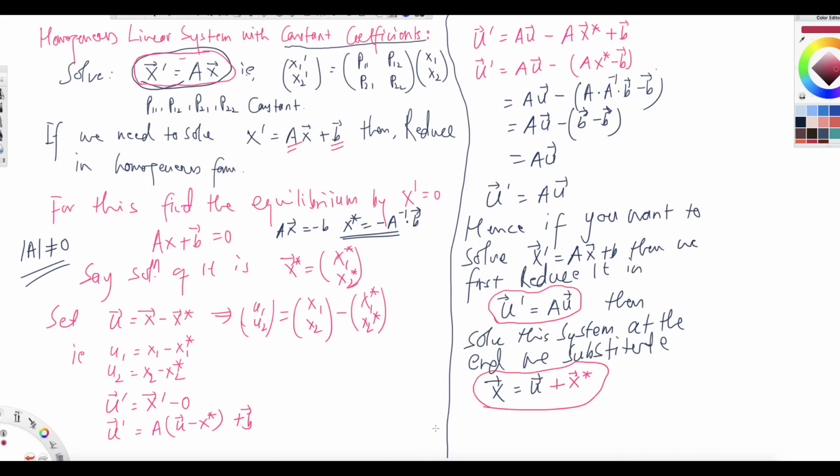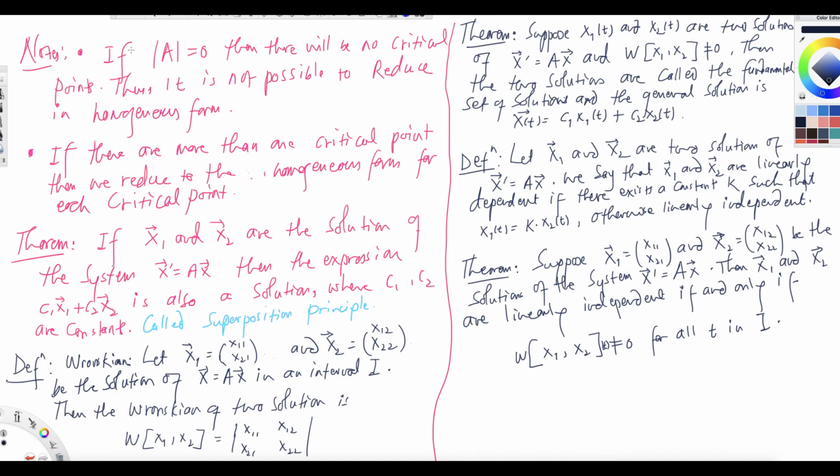Okay, so let me write down a couple of notes here. If the determinant of matrix A is 0, then there will be no critical points, right? Because when we solve the non-homogeneous equation, let's say x prime equals A x plus b, if you're finding the critical points for this, what you will be doing is taking x prime equals 0 and solving A x plus b equals 0 to find the critical point.